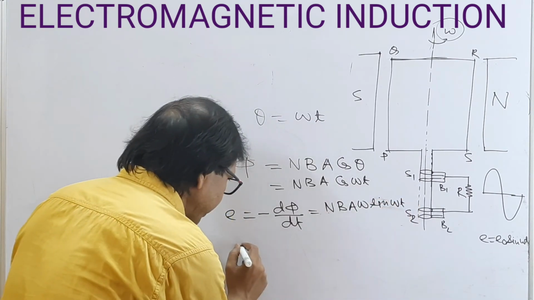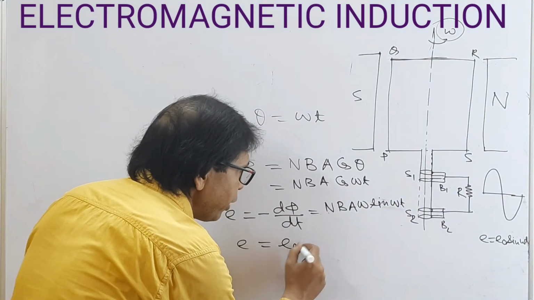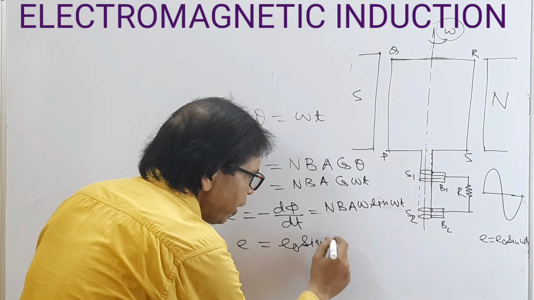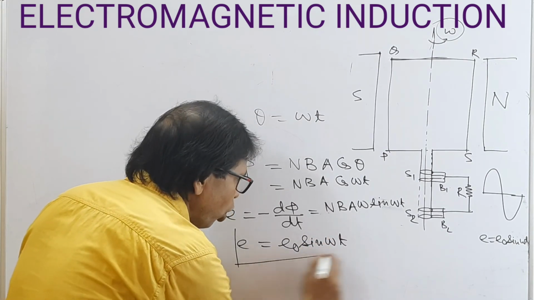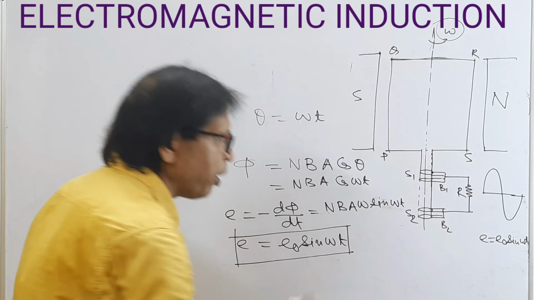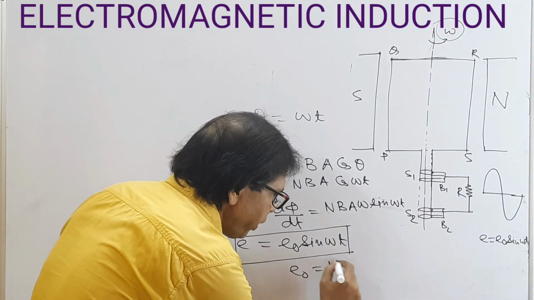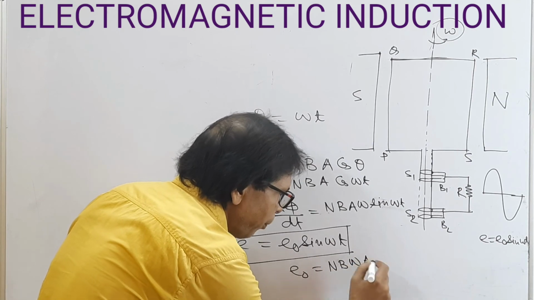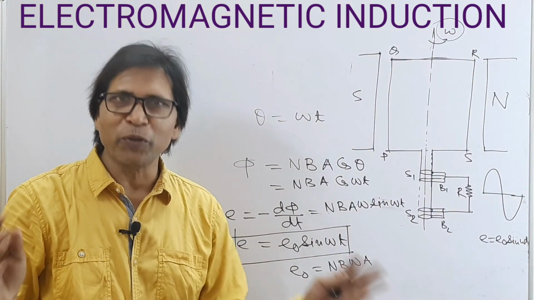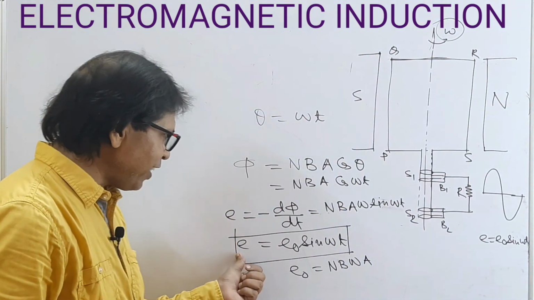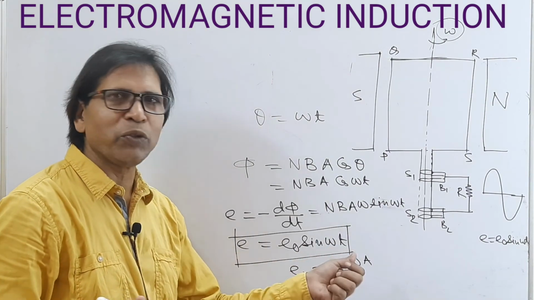So E equals E naught sin omega t is the magnitude of induced EMF, where E naught equals N B omega A is the peak value of induced EMF, and this is the instantaneous value of induced EMF.